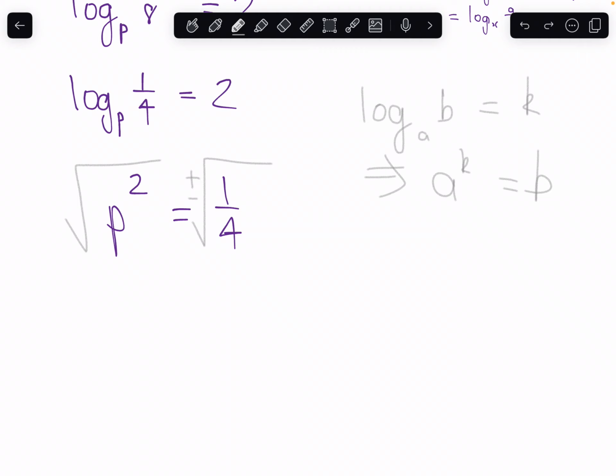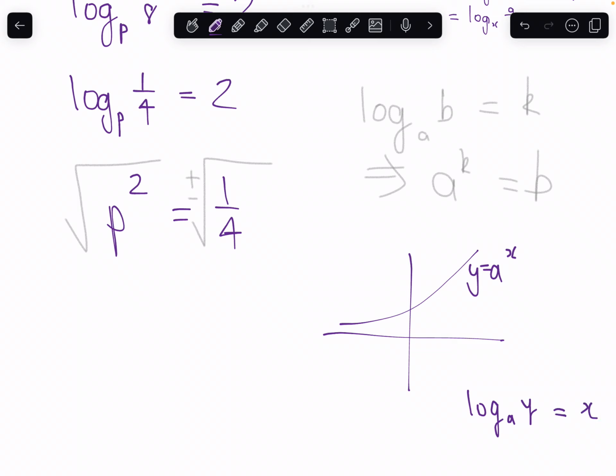No, not right. If I just think about the graph, this would be something like a to the power of x, and then the log graph would be log base a of y is x, and that would look something like this.